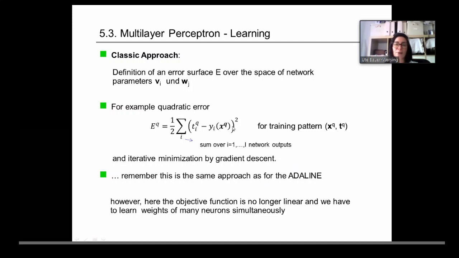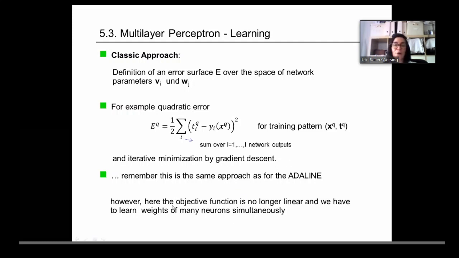It's a mixed formulation. We have pattern-based learning, so we focus on one pattern, xq, tq, and we use the quadratic error that we introduced for the Adaline. For the Adaline, we dealt with a linear error function because we assumed that the activation function of the Adaline is linear for the training phase.